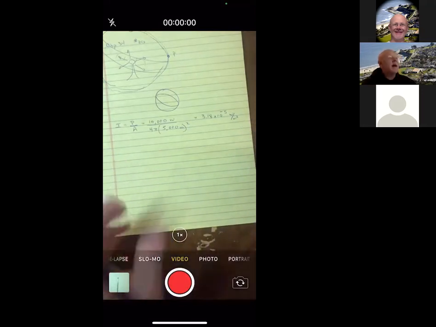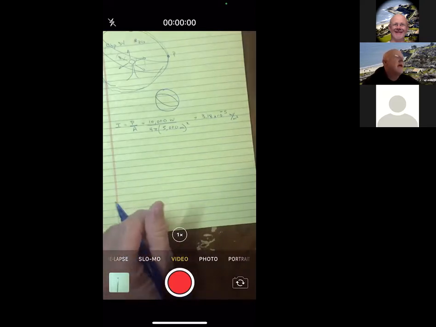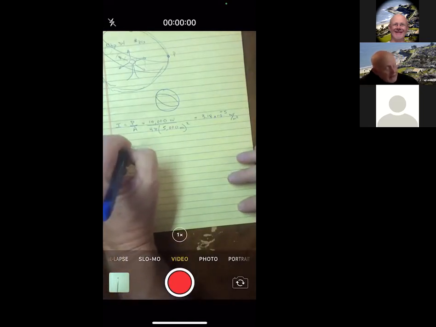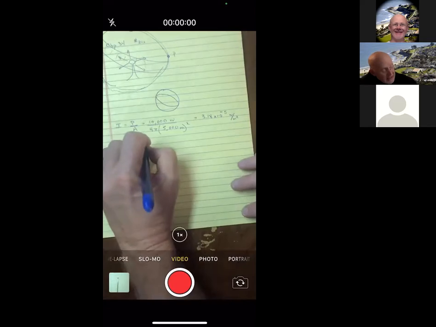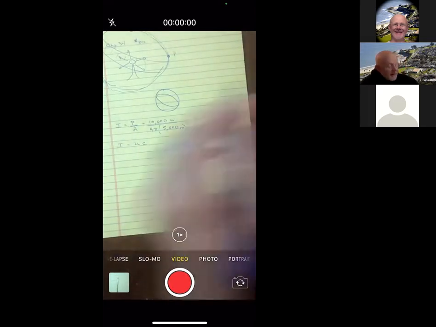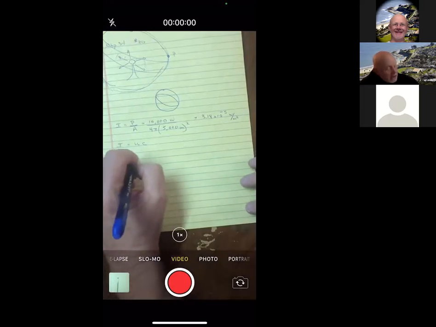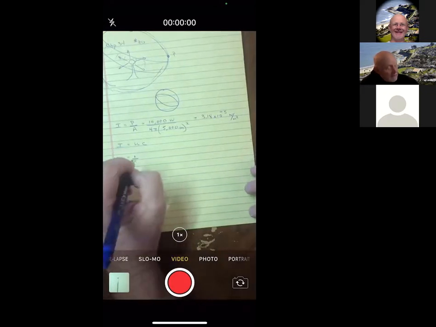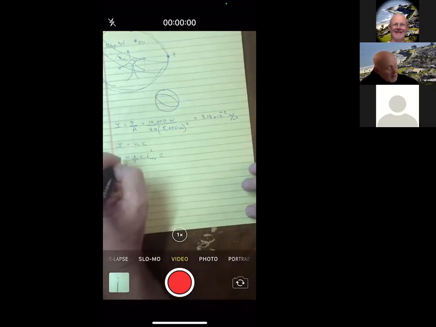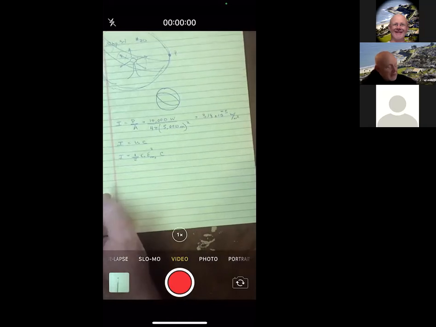Now, the reason that's relevant is they say compute the maximum value of the magnetic field. Okay, so the intensity is equal to the energy density times the speed of light. And the energy density, as we were just talking about, is 1/2 epsilon naught times the maximum of the electric field squared. Now I guess I have a decision to make.